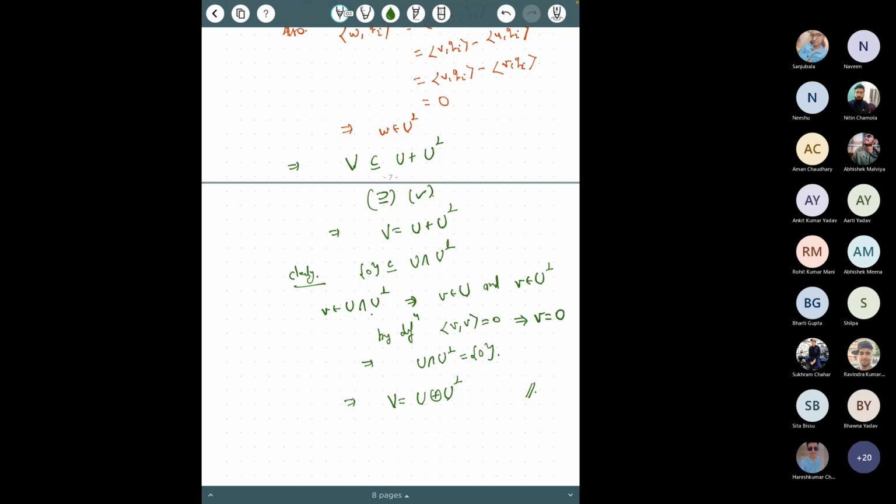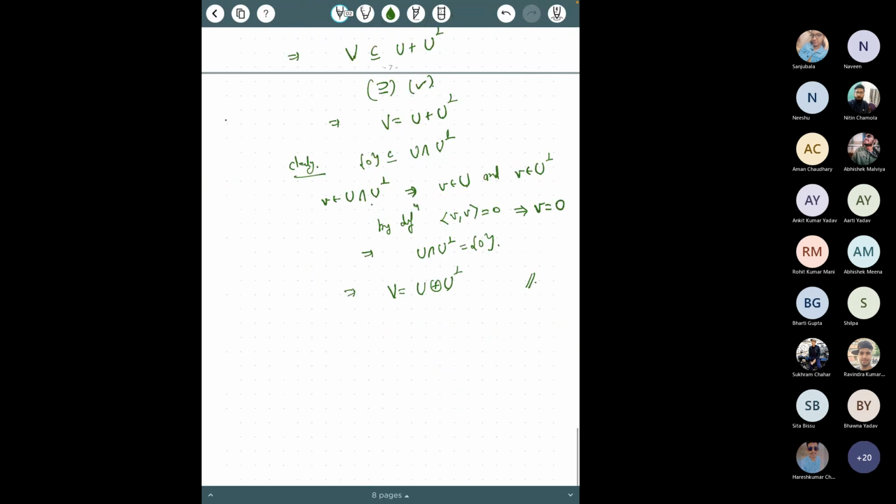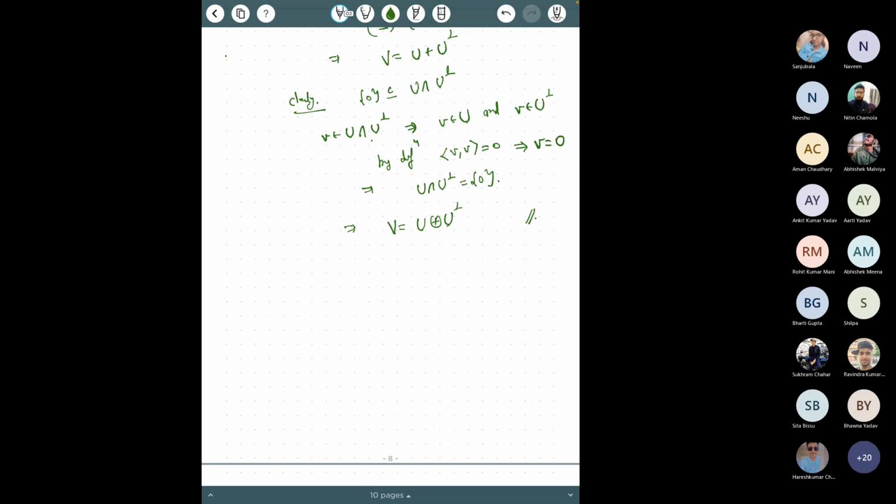Okay. Now let me give you an exercise. You can verify this. So the exercise is the following. Let V be a finite dimensional vector space and U be a subspace of V. Then you can show that U is actually the perp of U perp. So that means the orthogonal complement of the orthogonal complement of U, or you can say U double orthogonal complement.